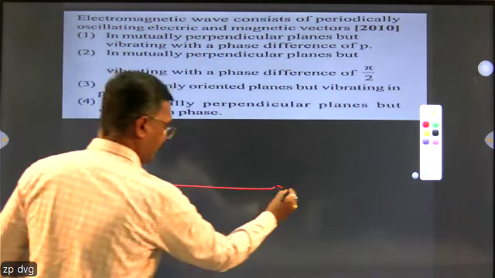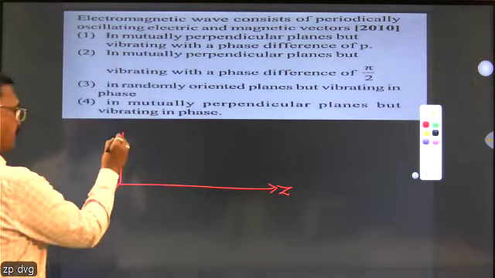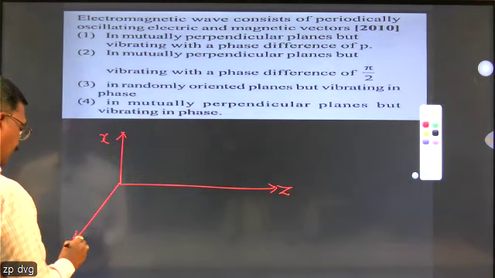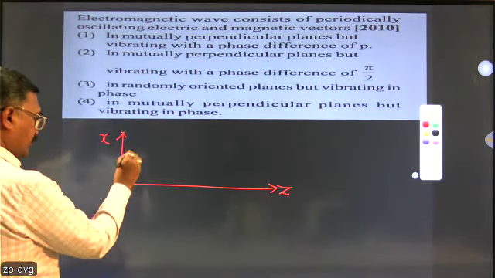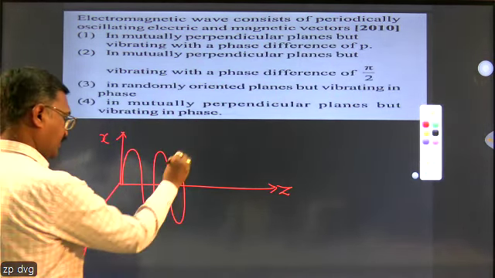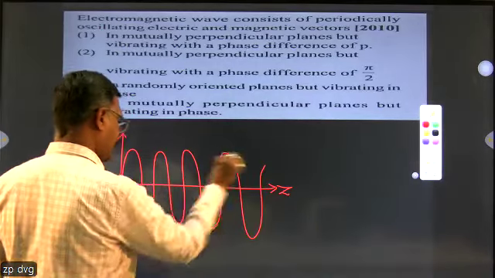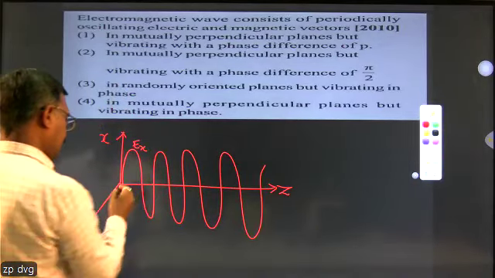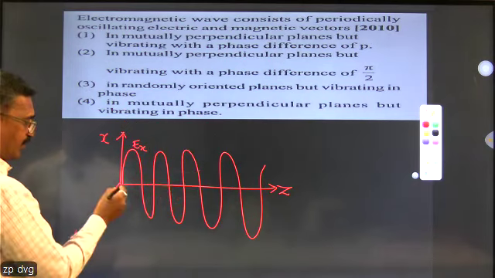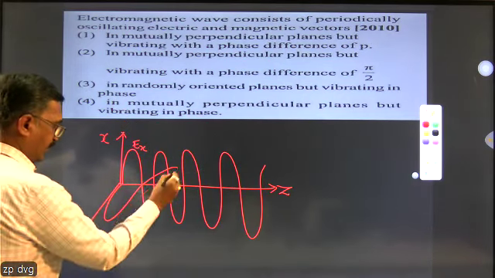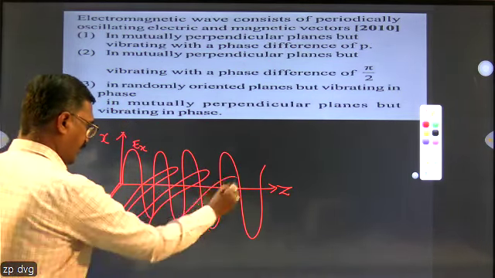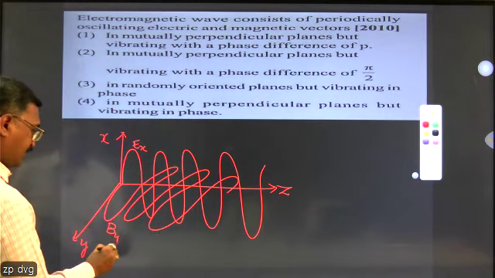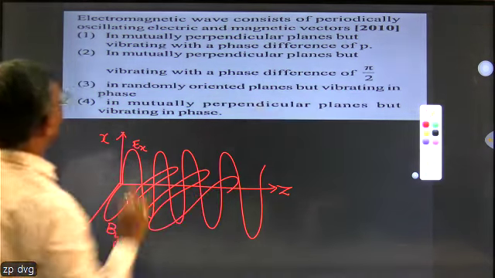So if this is the z-axis, say this is the x-axis, this is the y-axis. Say the electric field is varying along the x direction, this is the variation of electric field Ex. ಇದು perpendicular ಆಗಿ, to the direction of propagation, there is a magnetic field which is also vibrating. So this we call By. This is the propagation.